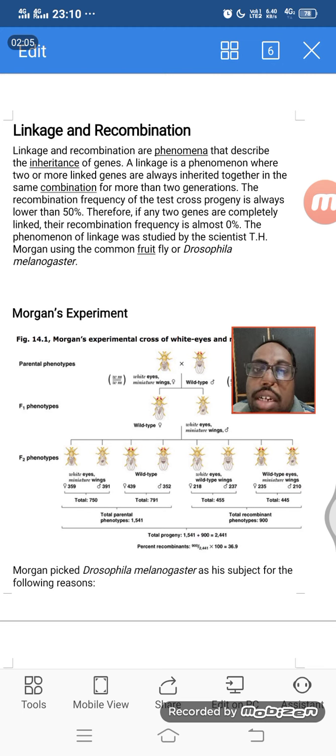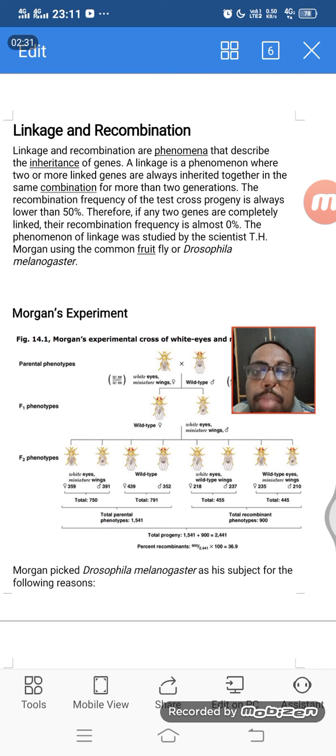That was considered by Mendel. Thomas Hunt Morgan was actually an embryologist. When he was working inside his lab, he was using his experimental material, the fruit fly, Drosophila melanogaster.